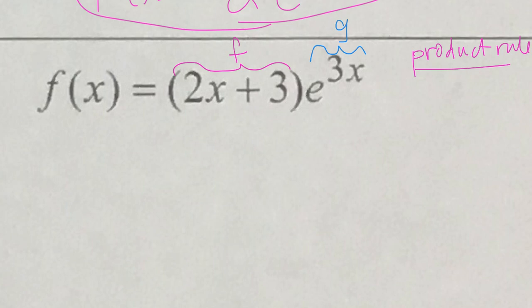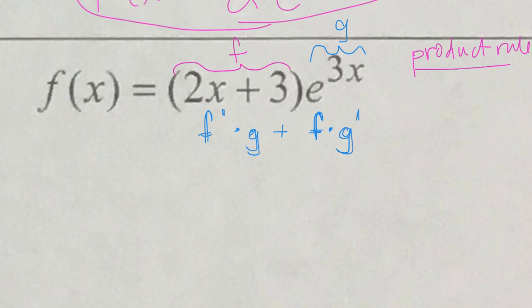So we have f prime times g plus f times g prime. Of course you can do these in the opposite way if you want to, as long as you're multiplying one derivative times the other function, and then the other function times the one derivative. So this is applying the product rule to begin with.